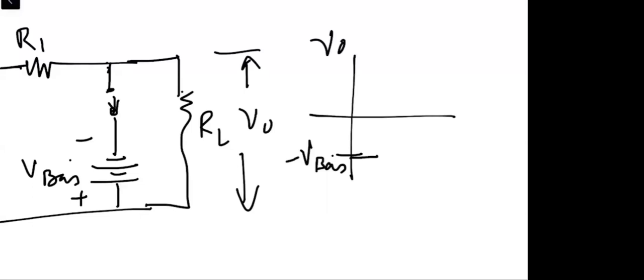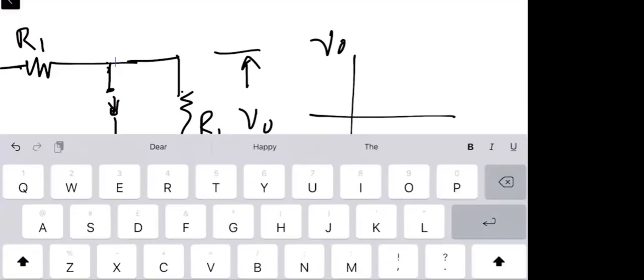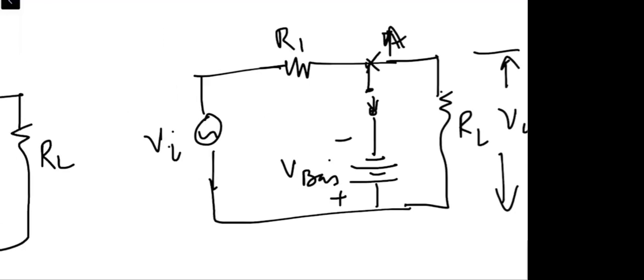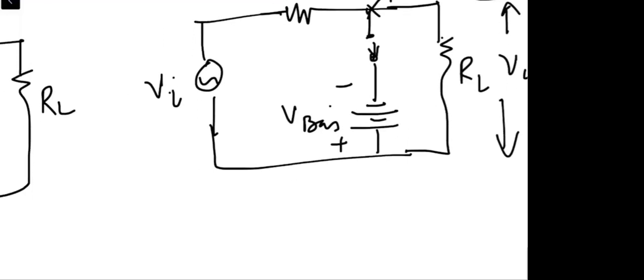For the positive cycle, because this end point A will be positive, and once it is positive, it is keeping the diode short circuited, and this means for the whole positive cycle, the output will be like this.